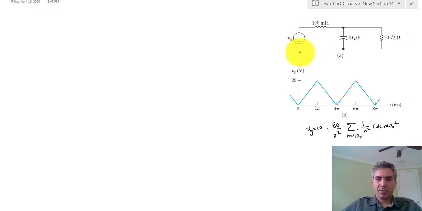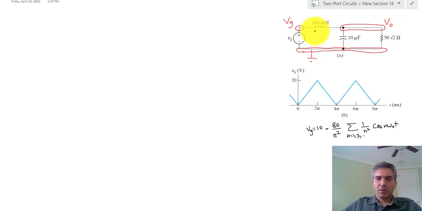So let's do that. Let's label the circuit and assume that this is my ground, and therefore this immediately becomes VG, writing everything in the S domain already because we're looking for the transfer function. I'm going to call this V out.